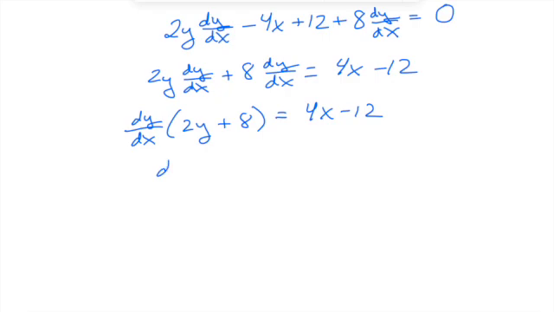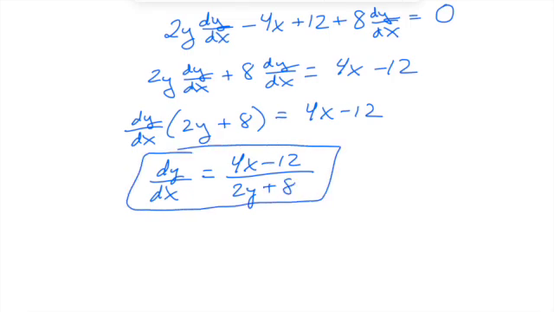Now to solve for dy dx, you're just going to divide by that quantity of 2y plus 8. It's just a big algebra game at that point. So when I divide by 2y plus 8, dy dx has now been solved for. There we go. You may also notice that it does reduce, but you don't need to reduce or simplify your answers in any way on the FRQ.